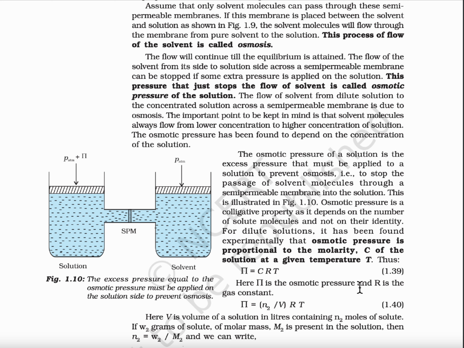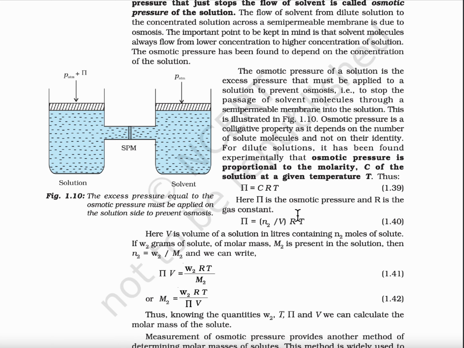Pi represents osmotic pressure, which is equal to CRT, where C is the molarity of the solution, T is the temperature, and R is your gas constant. Now molarity can be expanded into its formula, that is n2 by volume, number of moles of solute by volume of solution in liters, into RT. Here V is volume of a solution in liters containing n2 moles of solute.